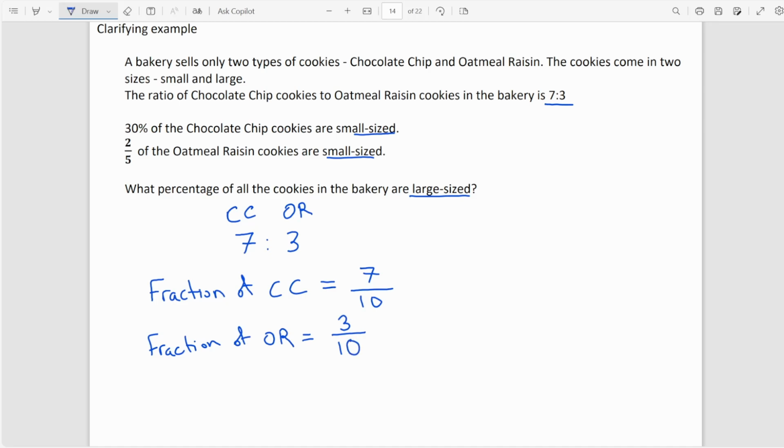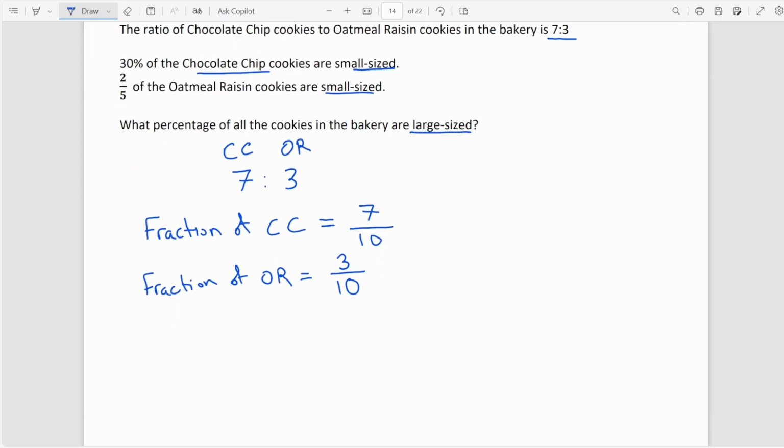Now, what do I know? 30% of chocolate chip are small sized. So my chocolate chip already represented by 7 over 10 as a fraction. 30% of them, so I'll multiply this by 30%, are small sized, okay? So you can go ahead and plug this on the calculator and gives us 21 over 100.